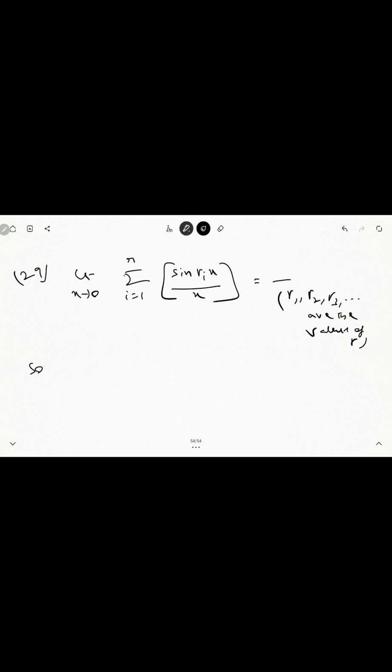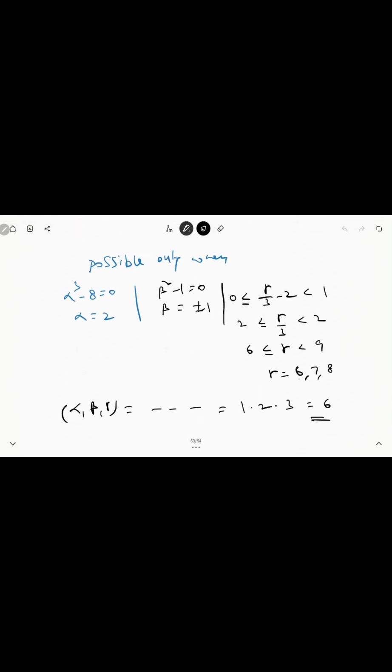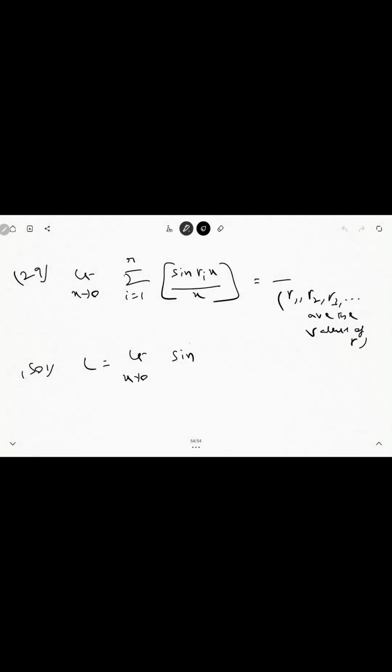Similar model we have done, but how many values exist here? 3 values. So L is equal to, if you expand the sigma, limit x tends to 0, sin gamma 1 is 6, look at this, gamma 1 is 6, gamma 2 is 7, gamma 3 is 8, only 3, you should add them. So sin 6x by x box plus sin 7x by x box plus sin 8x by x box.